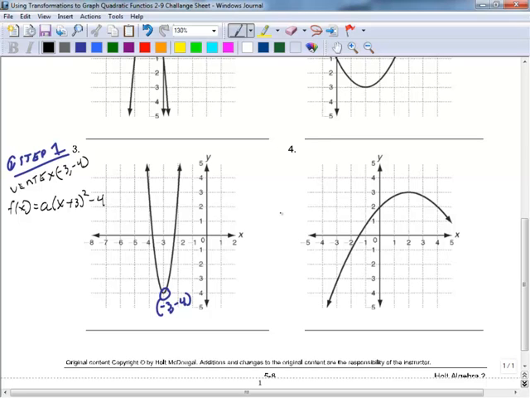Step 2 is pick a point, any point on the graph to plug in, because what we're going to do is solve for A. So pick a point and look for something that hits the graph nicely. I look over and up until I find something, and it looks like right here the graph hits the point (-2, 3). So (-2, 3) is the point I'm going to pick.